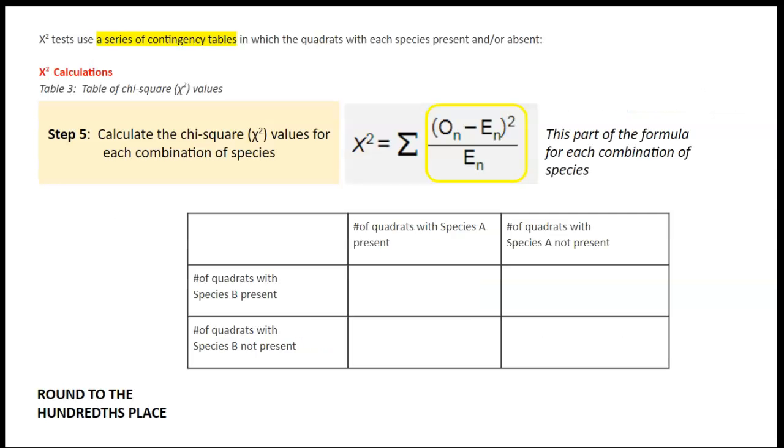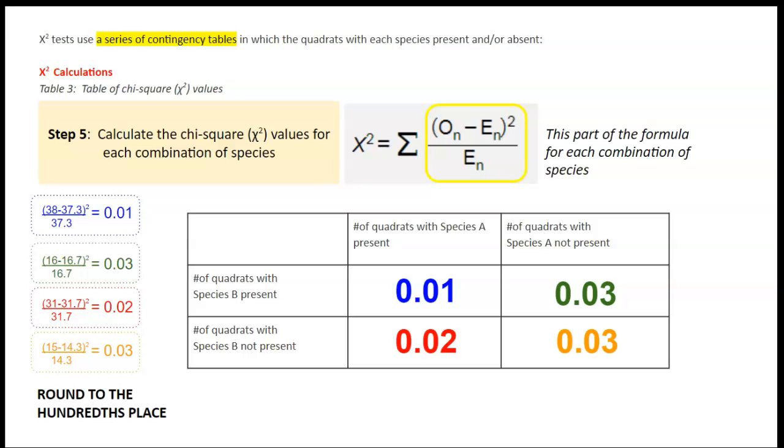So in this case, we're going to calculate the chi-squared value for each combination here. So remember, we had our observed numbers from like 2 tables ago. We just did our expected numbers. We square that number and then divide by our expected number. In this case, we got a really small number, right? 0.01.